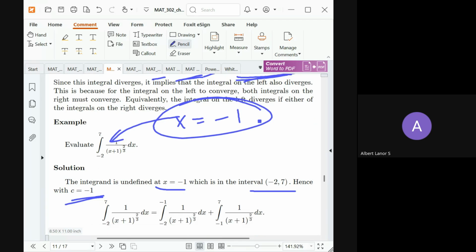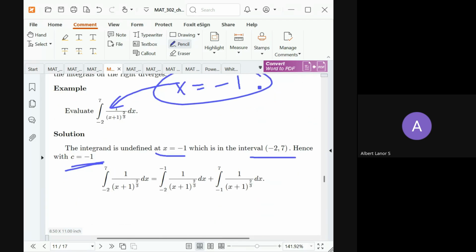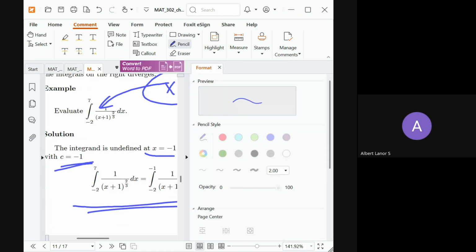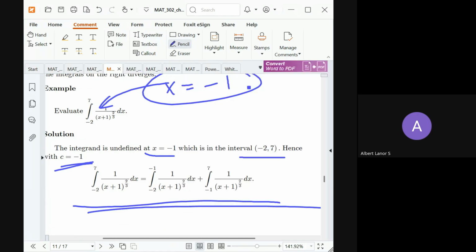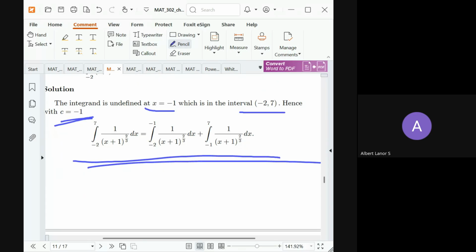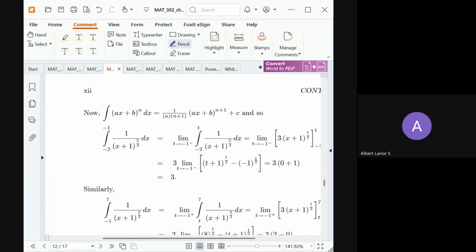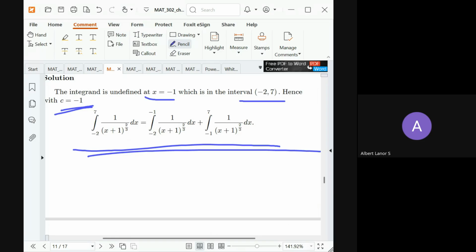Now, when you find your c to be minus 1, then you write these two integrals. Then you start to integrate them, using integration processes. To integrate this, you can use the generalization of what I did earlier on. If you have x plus 1 to the power 2 over 3, you add 1 to the power.